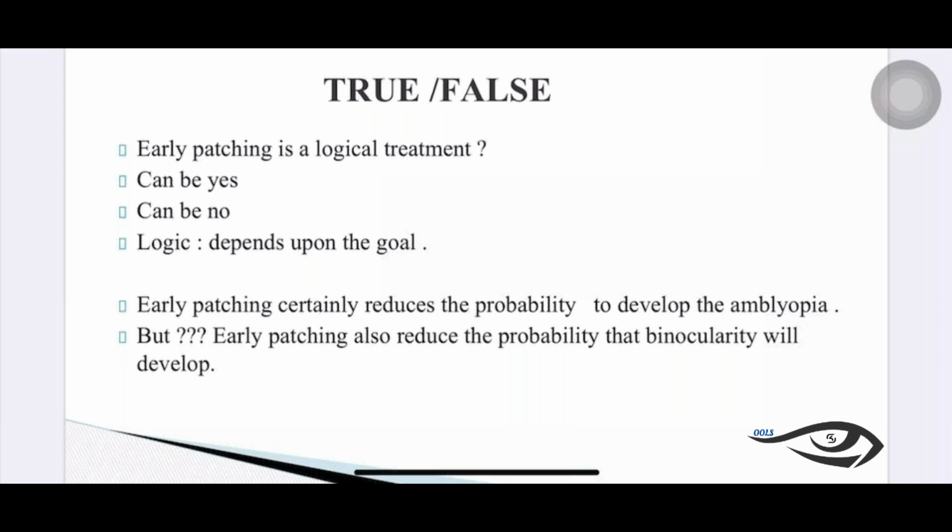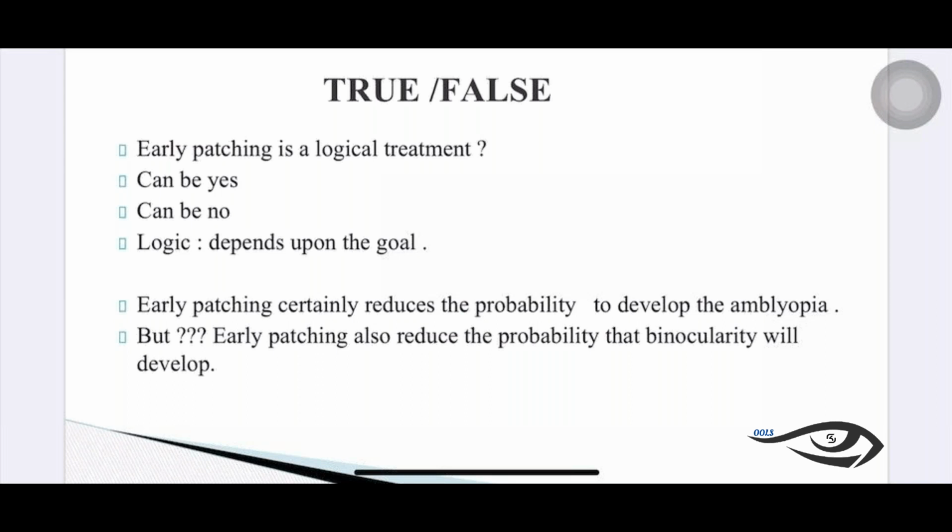So if someone asks you whether early patching is a logical or illogical treatment, or whether we should start with patching or not, it can be yes, or it can be no also. And why can it be both? Early patching certainly reduces the probability of developing amblyopia. So if I do early patching, that can reduce the probability of developing amblyopia.